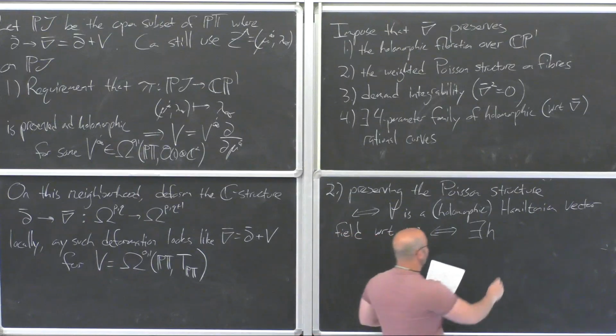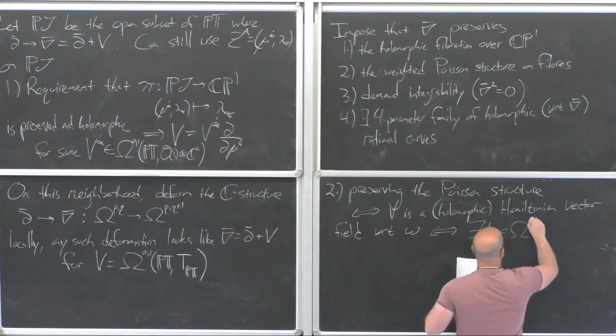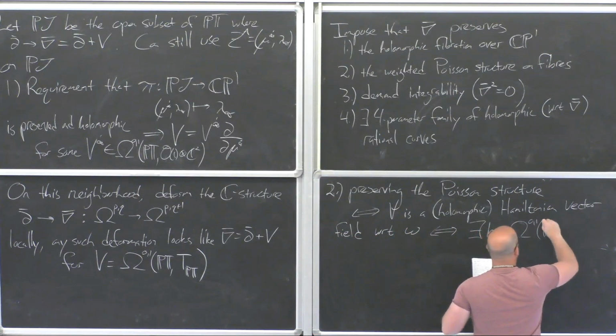So this Hamiltonian h, this is a 0,1 form on PT.